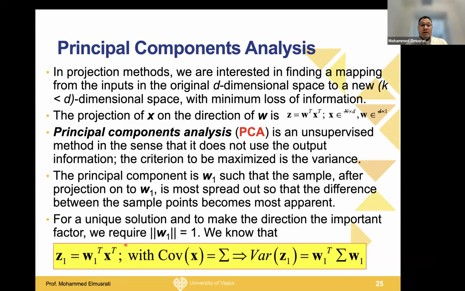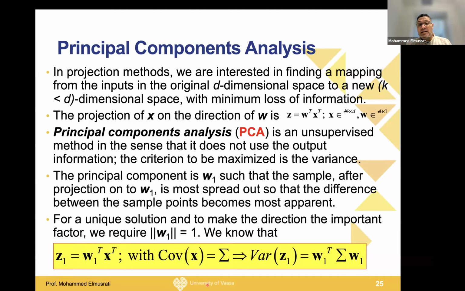Okay. We have this Z1. What is the variance of Z1? The variance of Z1 is, as we know, the expectation of Z1 minus the mean of Z1, multiplied by Z1 minus the mean of Z1 transpose.